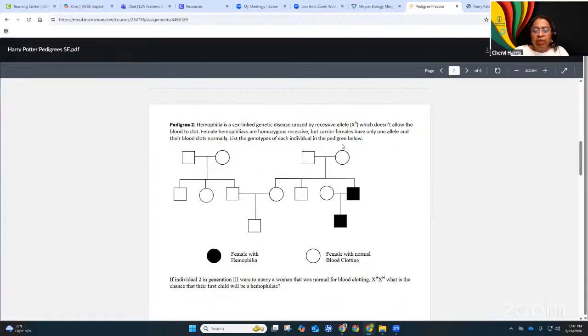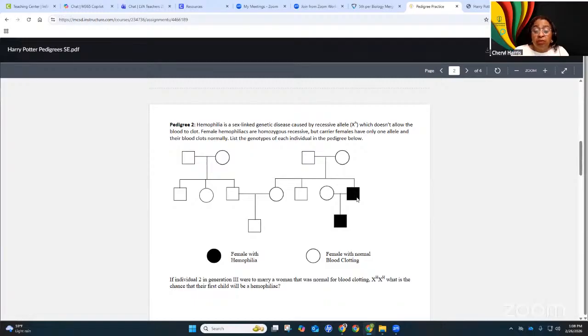However, this second group over here, they had 4 children. The person that he married came from this set of parents over here, and she was the first of 4 children. And there was a son, another female, and they seemed to not have hemophilia.